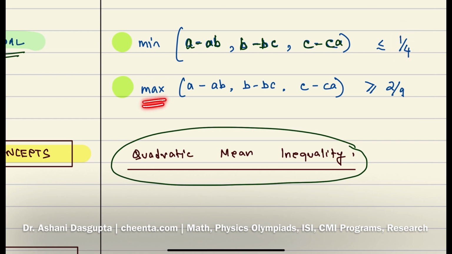And the largest of these 3 numbers will be at least 2 by 9. So it has to be greater than or equal to 2 by 9. In this video, we will be working on the second part of this problem. If you know how to solve the first part, why don't you put a comment in the description?